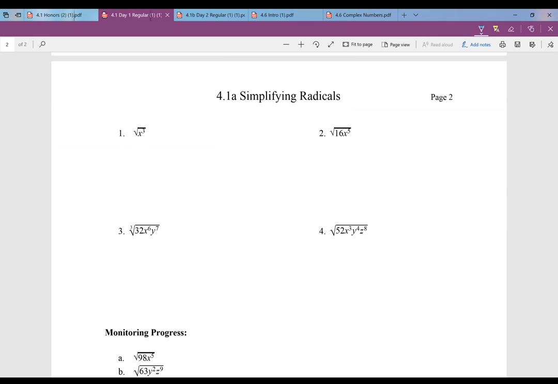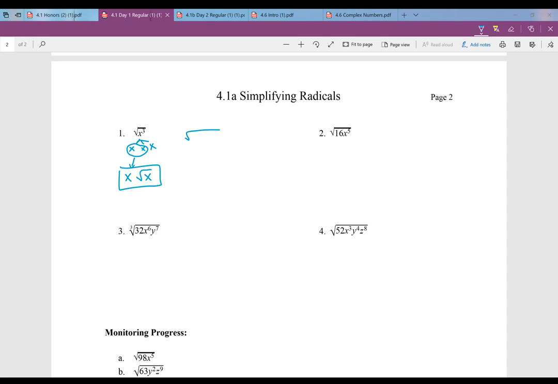So it's pretty similar to simplifying numbers. If we think of x cubed, well, that is really x times x times x, right? And since we have a square root, we're looking for a group of 2. So we can pull out 1 x because we have one group of 2, and 1 x is going to stay under the root.